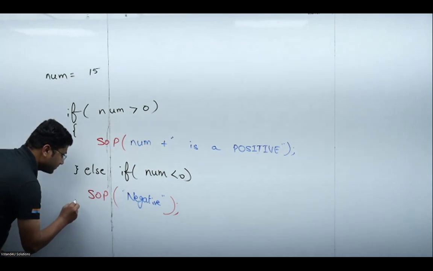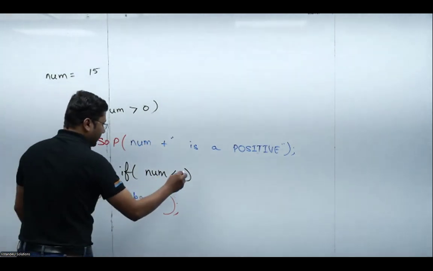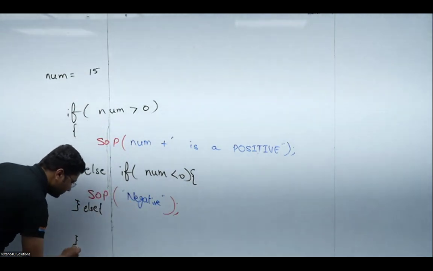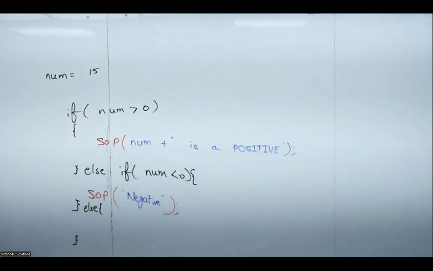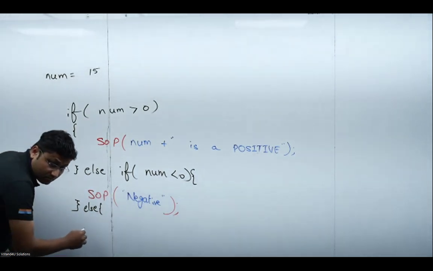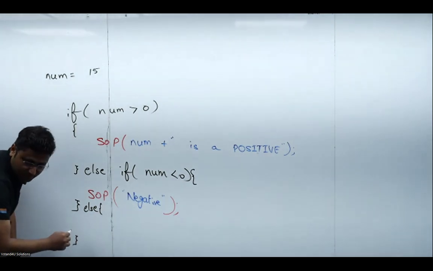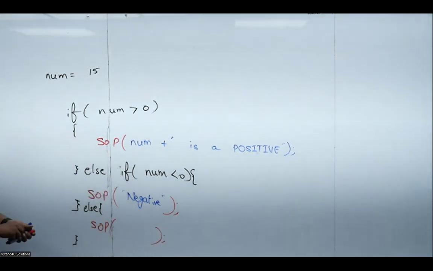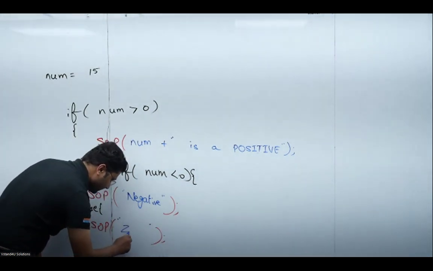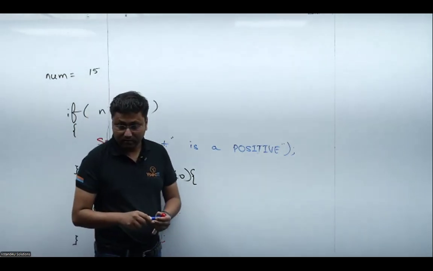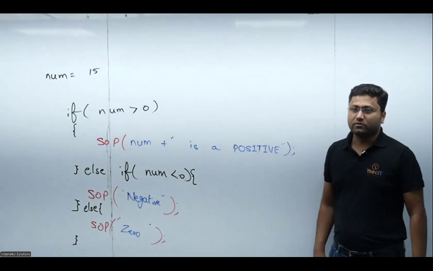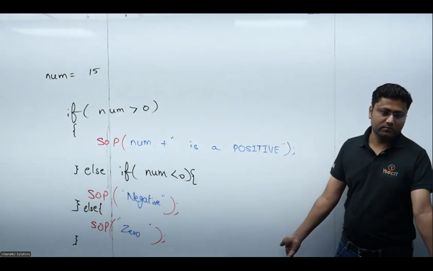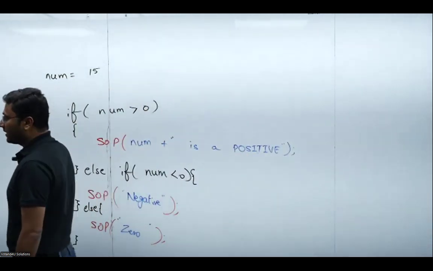Else it is a 0. So if a number is greater than 0, positive. Else if less than 0, negative. Last option. Can I say everybody can handle it?